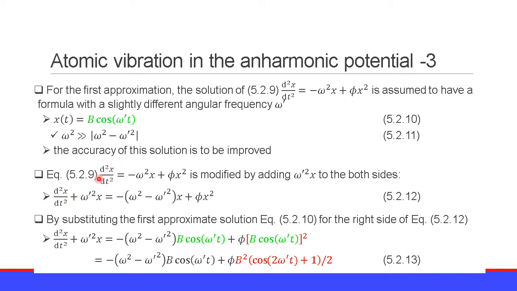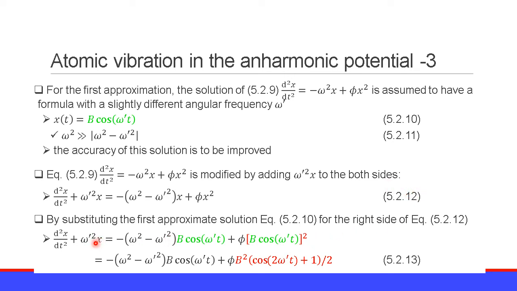Then the left side is the second derivative of x with respect to time plus omega prime squared x, equal to minus omega squared minus omega prime squared x minus phi times x squared. Then we substitute the approximate solution b cosine omega prime t into equation 5-12.